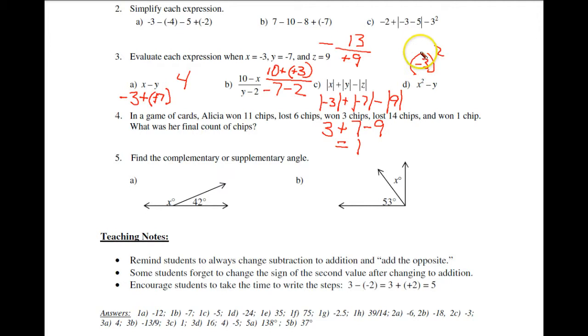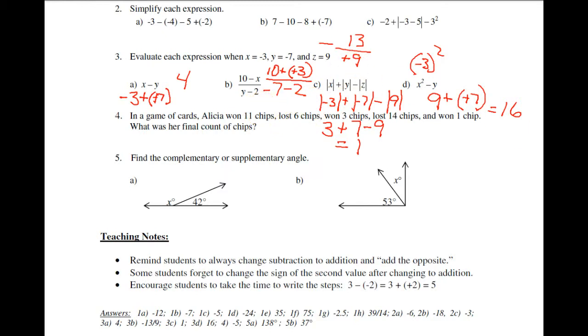So negative 3 times negative 3 makes this a positive 9, minus now a minus 7. Again, the use of the parentheses, very important. So negative of a negative, or the opposite of a negative, makes it plus. So this will be 16. And those are correct.